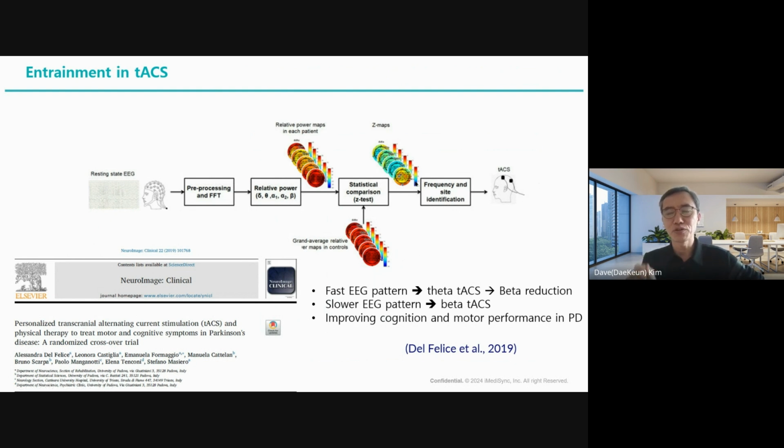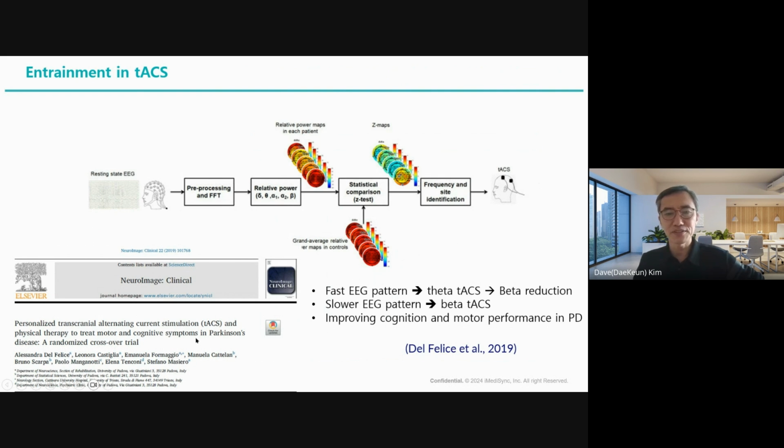Once we find the frequency and location of the abnormality, then we can use that location and frequency to accelerate or decelerate. That's the basic methodology in current stimulation. We use the same idea.